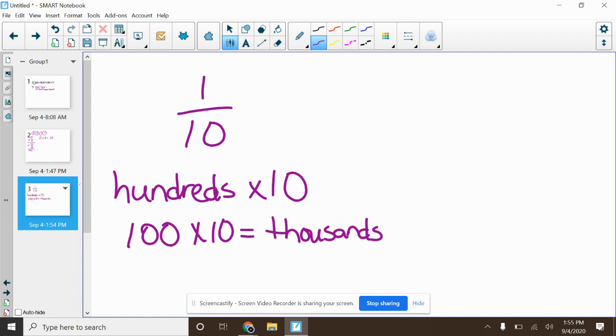So if I started out with the number 100, getting bigger by 10 means I just add an extra 0. There's my 1,000. What if I was getting bigger by 100? How many zeros do you think I'd add, Hallie? 2. We'll just add 2 zeros. Playing with zeros is so simple. So that's what it looks like when we multiply.